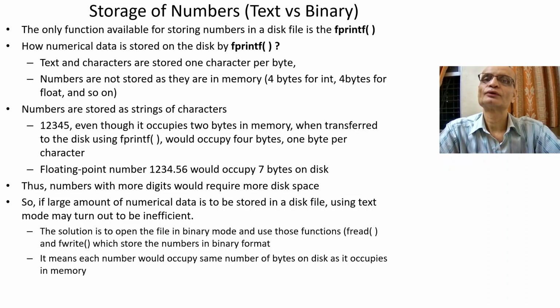The numbers will now get stored by using these functions, fread and fwrite, which basically are going to store the number in binary format. That means it's now going to occupy the same number of bytes on the disk as it typically will occupy in the memory.